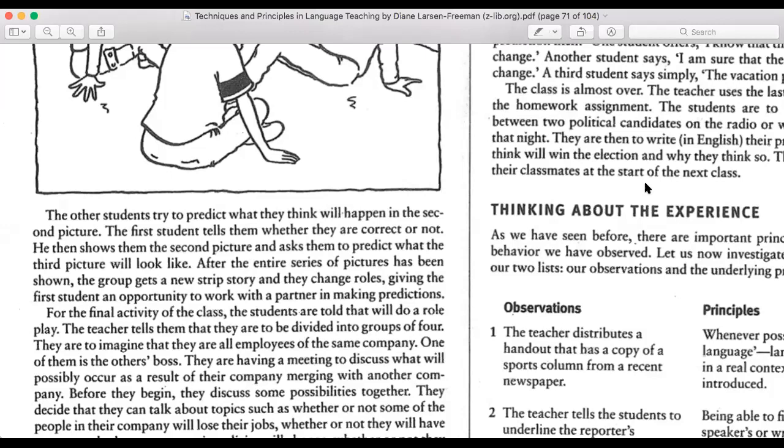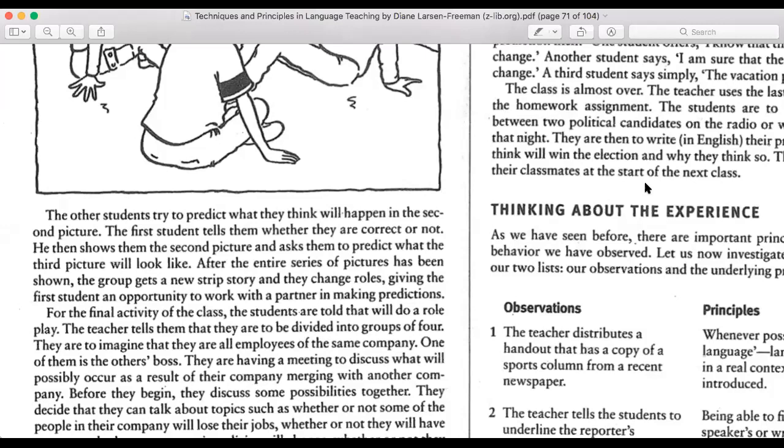So this gives them a chance to use the structures that are already taught to them through the previous activities. The students keep on predicting what they think would happen next, and then one of their fellows shows them the next picture. And then all of these groups complete their story of strip pictures, right?